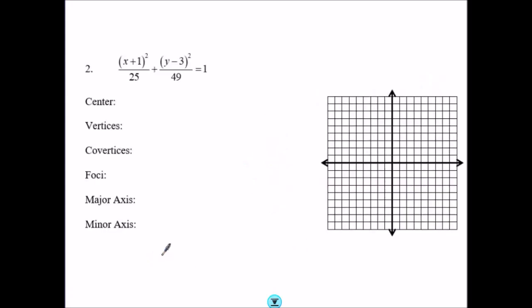So if we look at problem number 2, we know that this is a vertical ellipse because the denominator of the y fraction is larger than the denominator of the x fraction. So our center is still (h, k), which would be (-1, 3). Then we need to find out what a is to figure out our vertices.